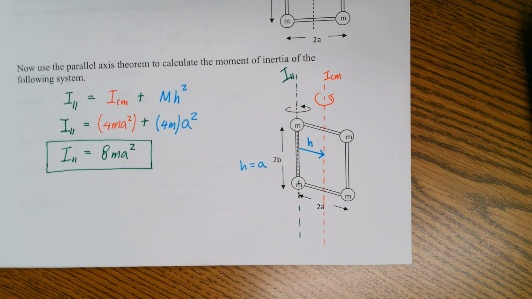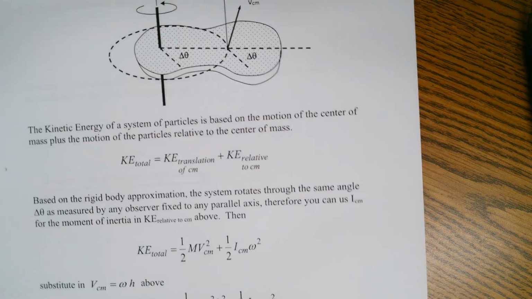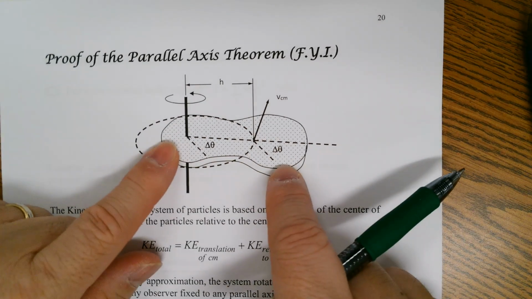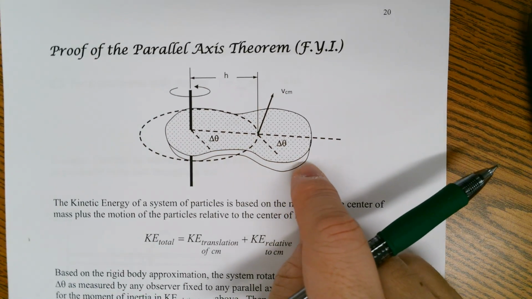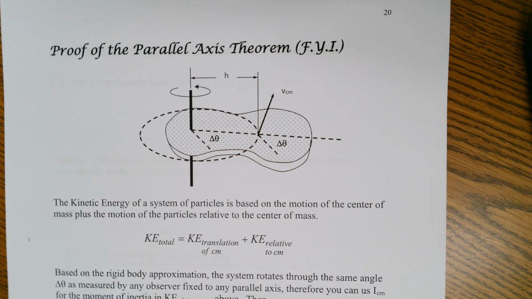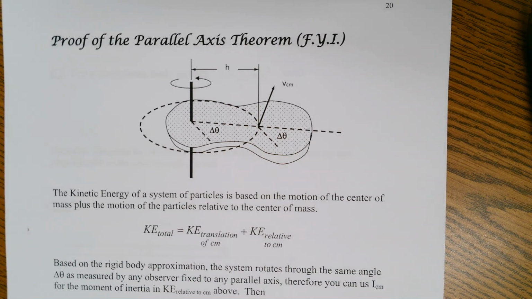All right, and what I'm saying is, look at this. If we had something like this, a more general shape, then it becomes pretty serious. It's kind of hard to do. Therefore, you have to really use parallel axis theorem in this case.